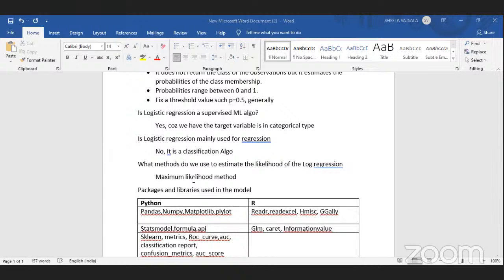And then what are the things you can think of? Anyone? Yes. AV plot, yeah, yes, of course.